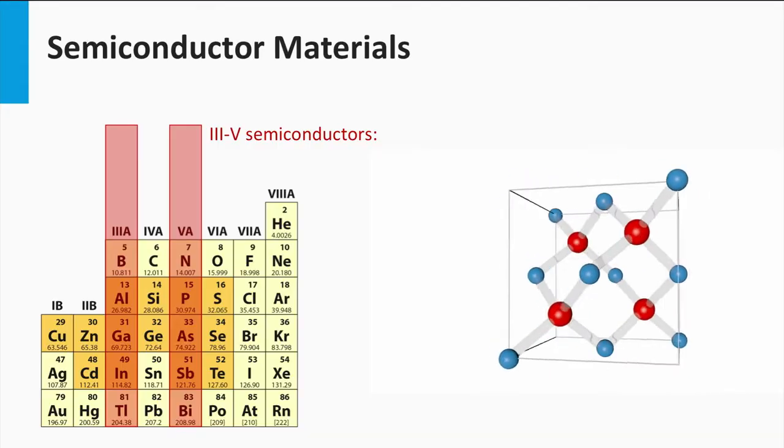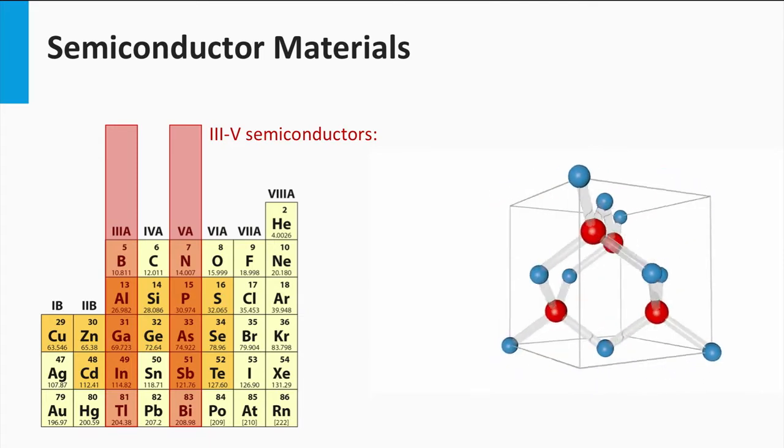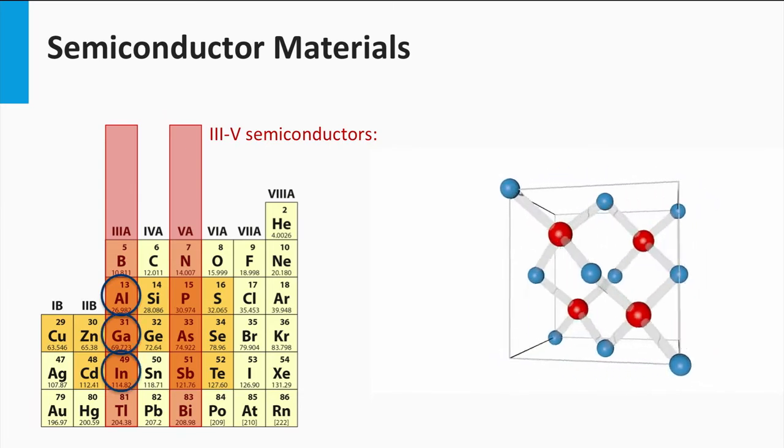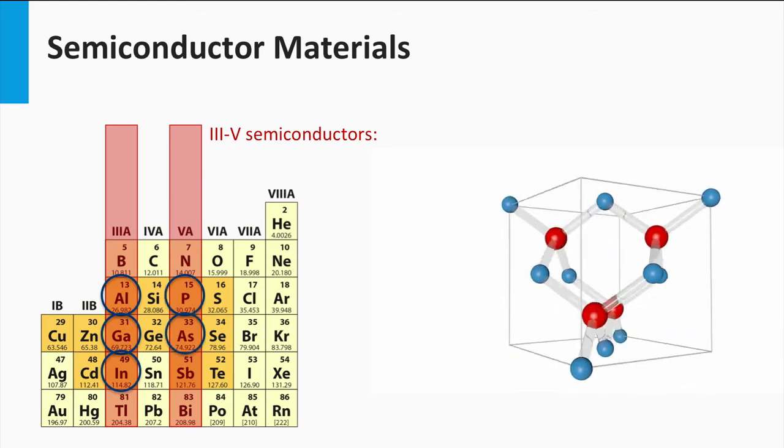The 3-5 materials are based on 3 valence electron elements like aluminum, gallium and indium, and the 5 valence electron materials such as phosphorus and arsenic.